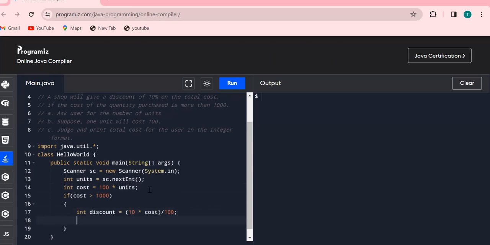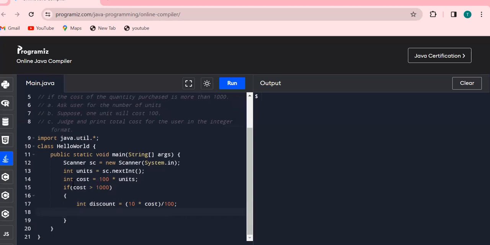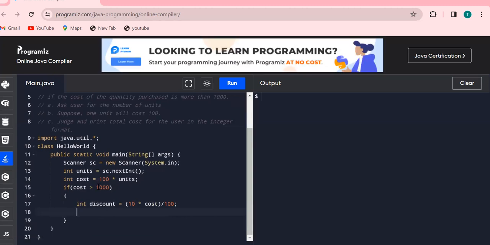So the next thing is what they have told. If the cost is greater than 1,000, we have to give the 10% discount. So we have to subtract the discount from the total cost. I hope you understand. Like we have to delete some units from the cost. So this is our discount. As the problem told, if the cost is greater than 1,000, we have to give a 10% discount to the user. So cost is equal to cost minus discount.